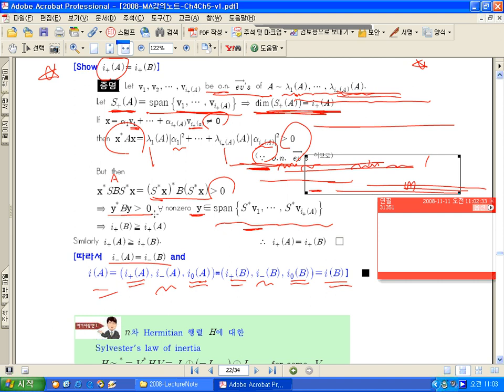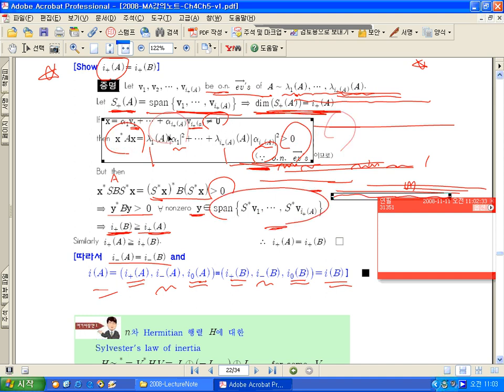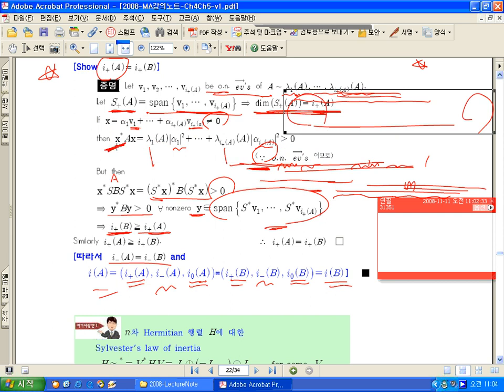That means the dimension of this space is not less than the dimension of the set of these X's, which comes from here.